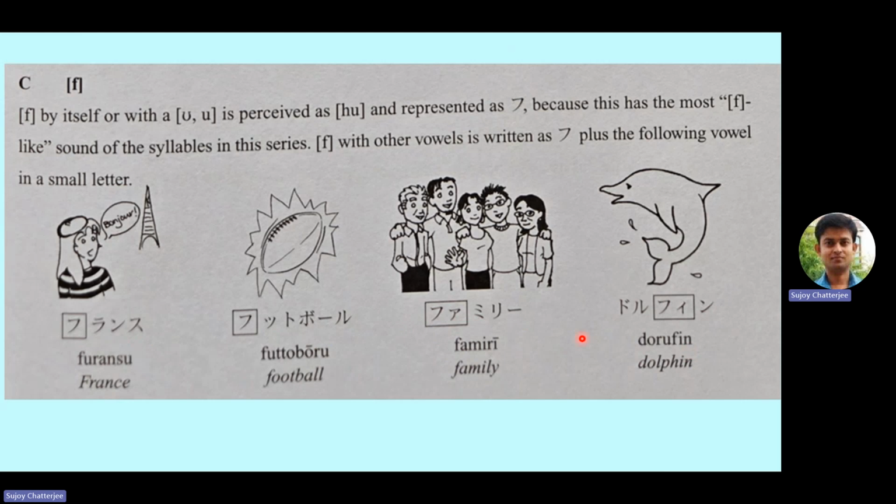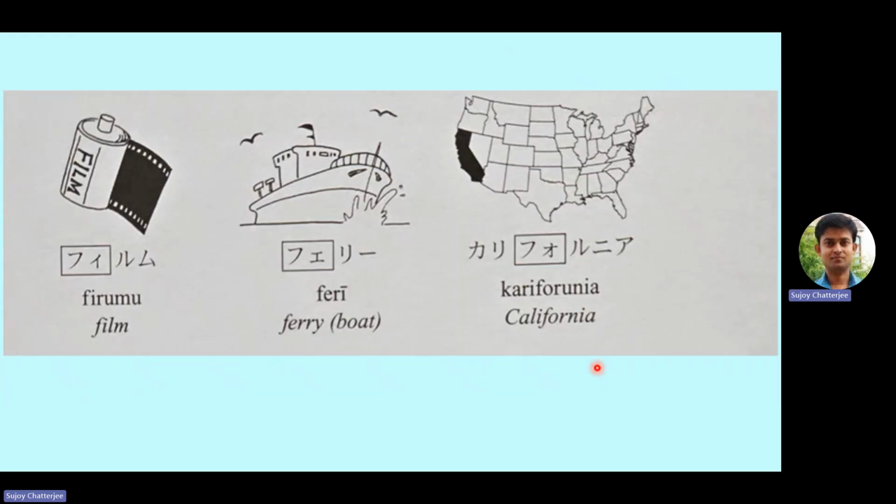When it is fu, we don't have to add any other vowel, because we already have the syllable fu in Japanese. Only for the other three, fa, fi and fo, we have to add a, i and o after fu to get that sound. Some more examples: film will be firumu.